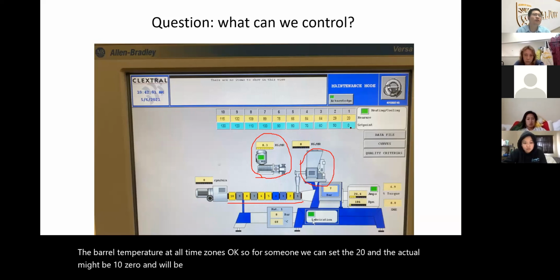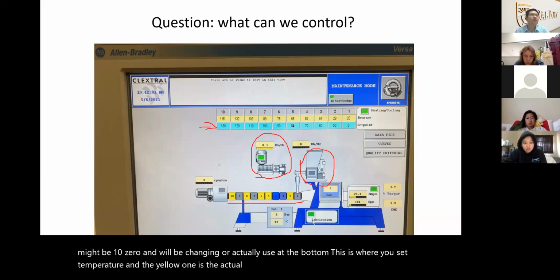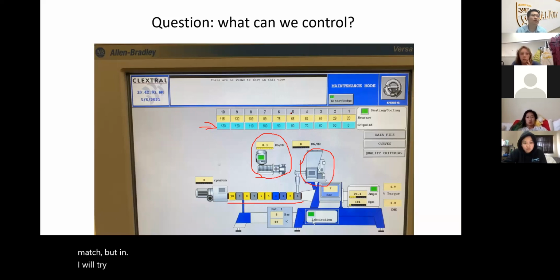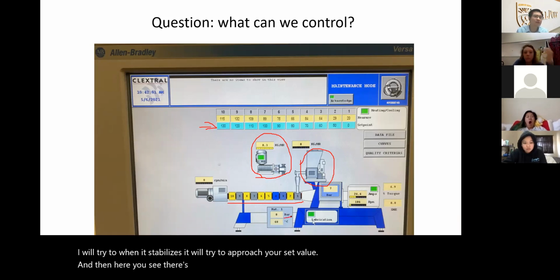Oh, actually, you set the bottom. This is where you set the temperature, and the yellow one is the actual measured temperature. So they don't necessarily match well, but when it stabilizes, it will try to approach your set value.